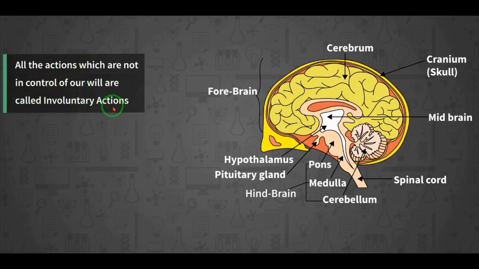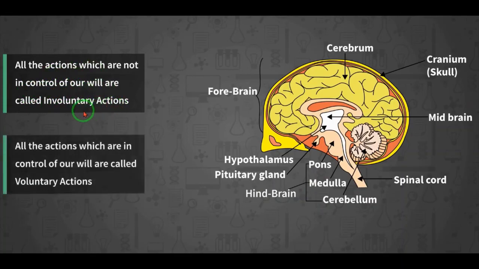For example, heartbeat, respiration and breathing. All the actions which are in control of our will are called voluntary actions. For example, walking, running, eating.